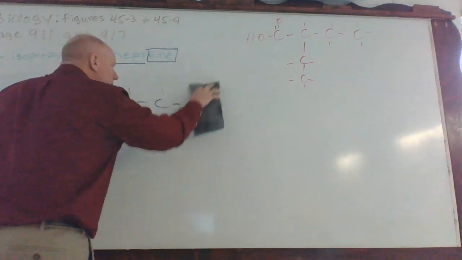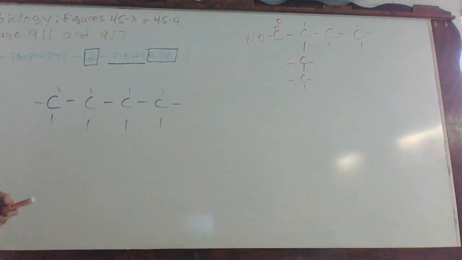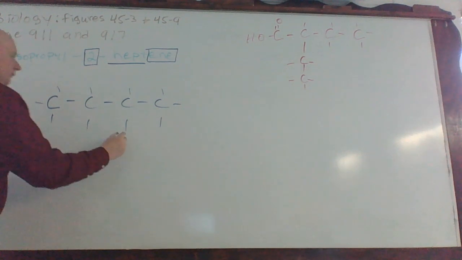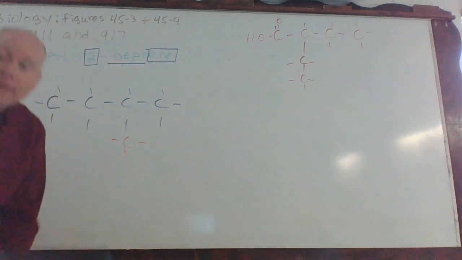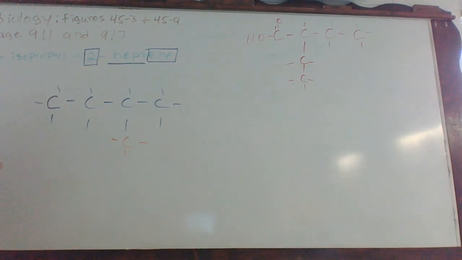Take this one off and do what? Okay, so we still have C5H12, but it's no longer pentane, it's 2-methyl what? 2-methylbutane. Would we agree with that?